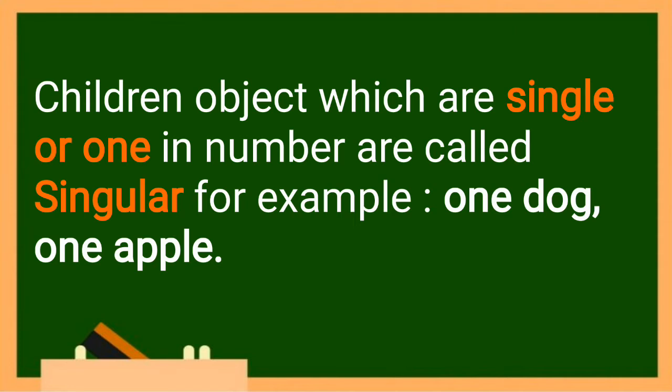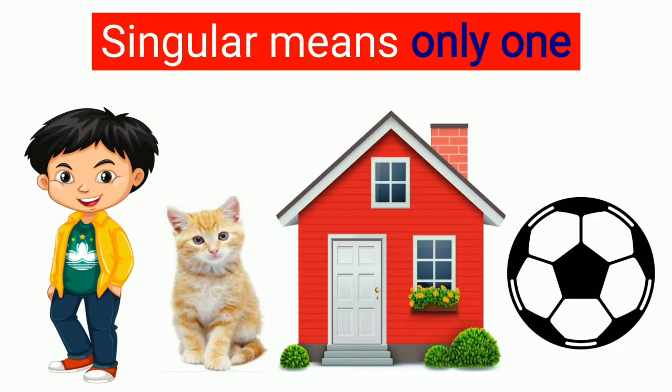For example, one dog, one apple. Singular means only one. So in this picture we can see there is only one boy, one cat, one house, one ball. So singular things are only one. Single means only one. Okay children?